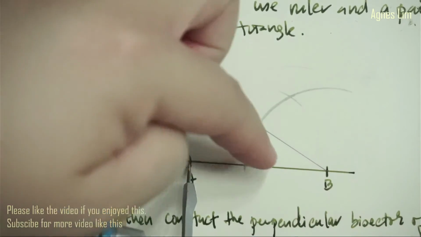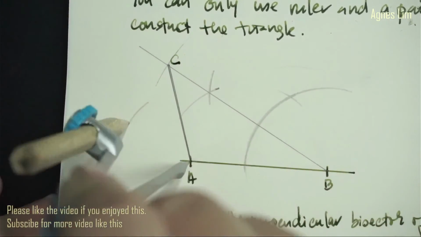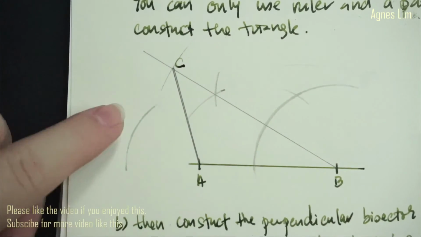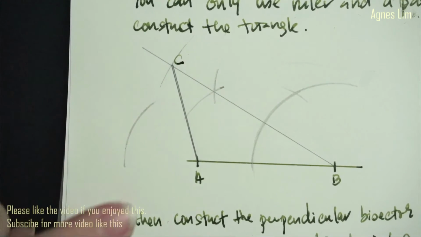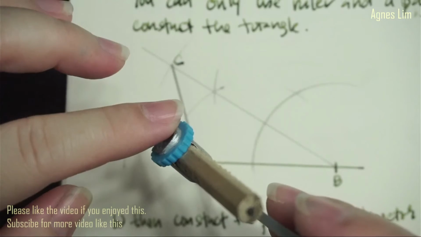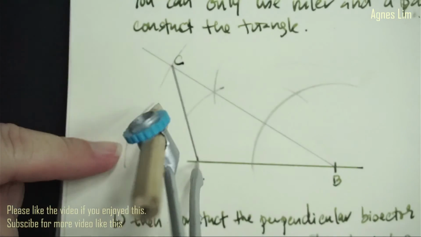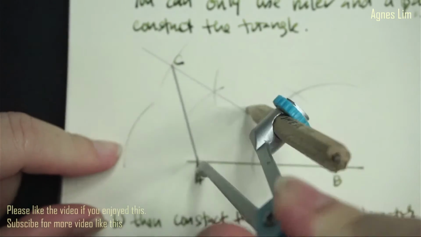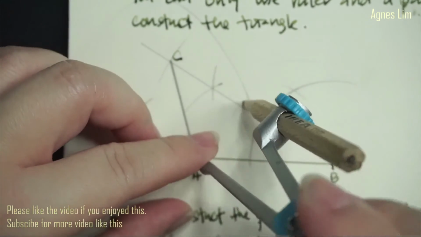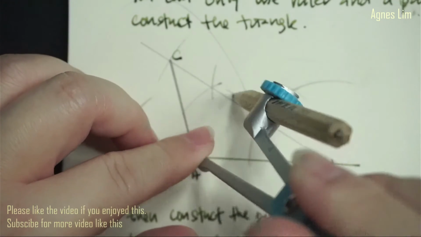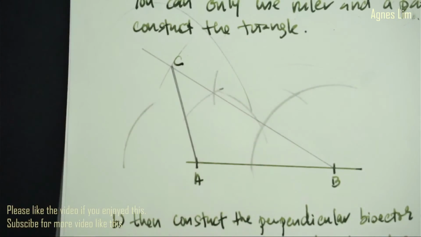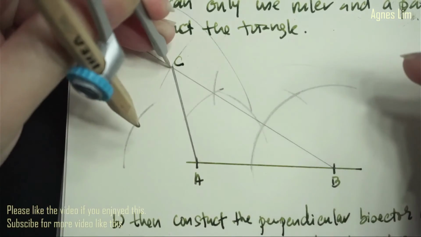Now I know there are a lot of constructions going on, so you need to remember which arc is for what construction. Right, so this one is perpendicular bisector. I'm going to do one on the left, and then I'm going to do another one on the right, just so you remember this is the arc that we did for this line AC.